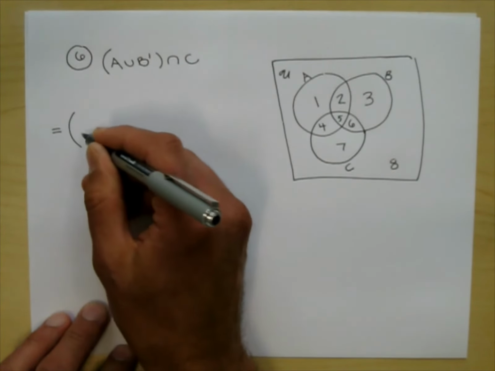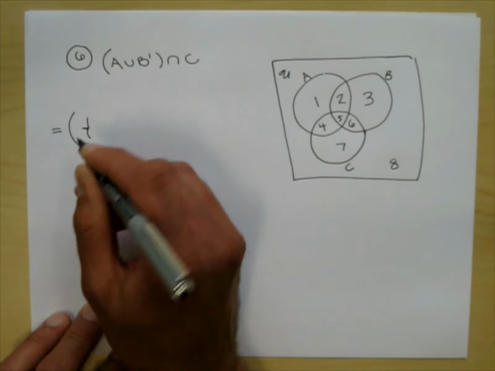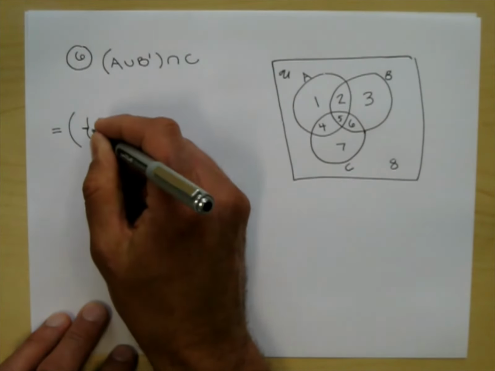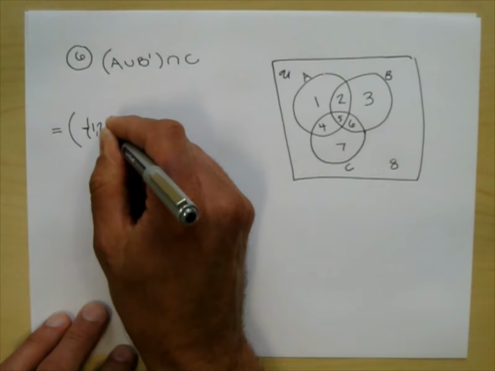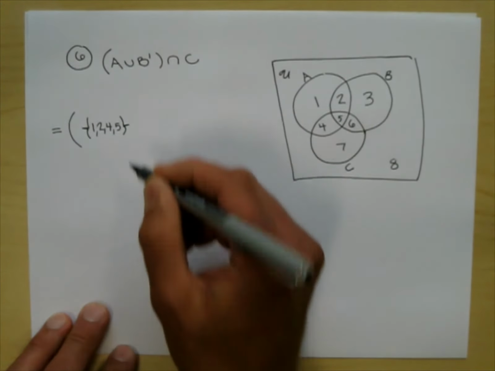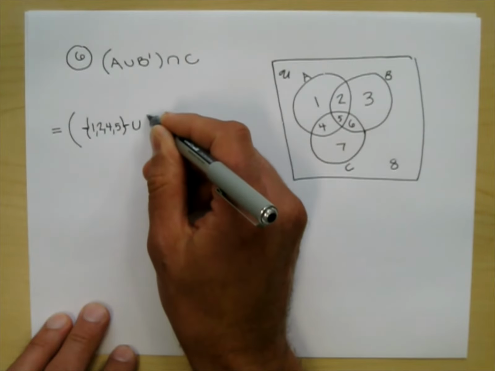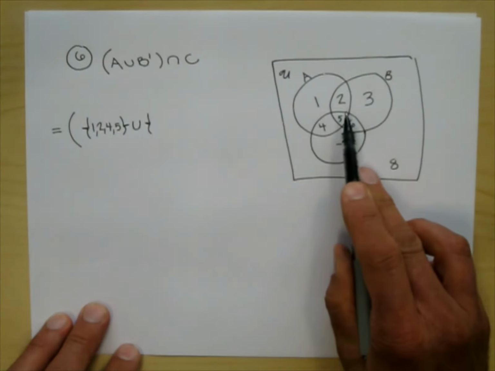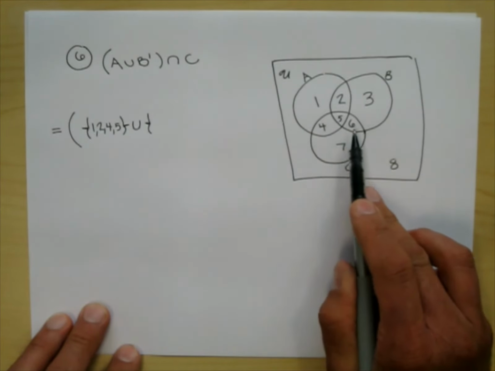Okay, set A, circle A has 4 numbers in it. 1, 2, 4, 5. Okay, then I put the union. Set B has 4 numbers in it. 2, 3, 5, 6.